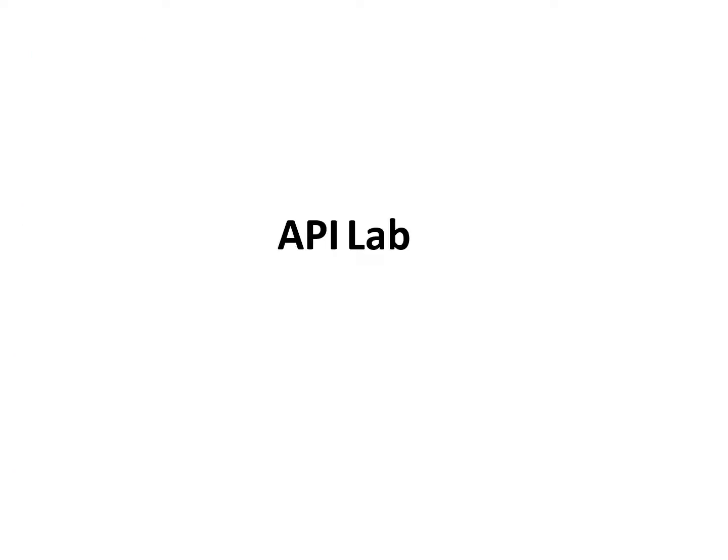Okay, so now I have a lab for you to work on for your assignment. In this lab, called the API lab, there's actually two options. You can do just one or the other, or both if you want to, but I'll only be looking for one. The first option uses the Yelp API with just a few changes.